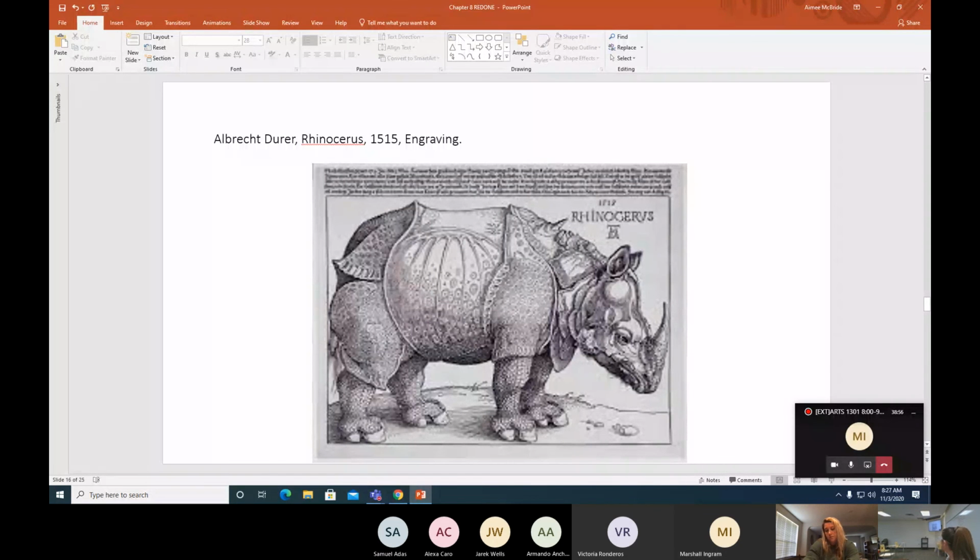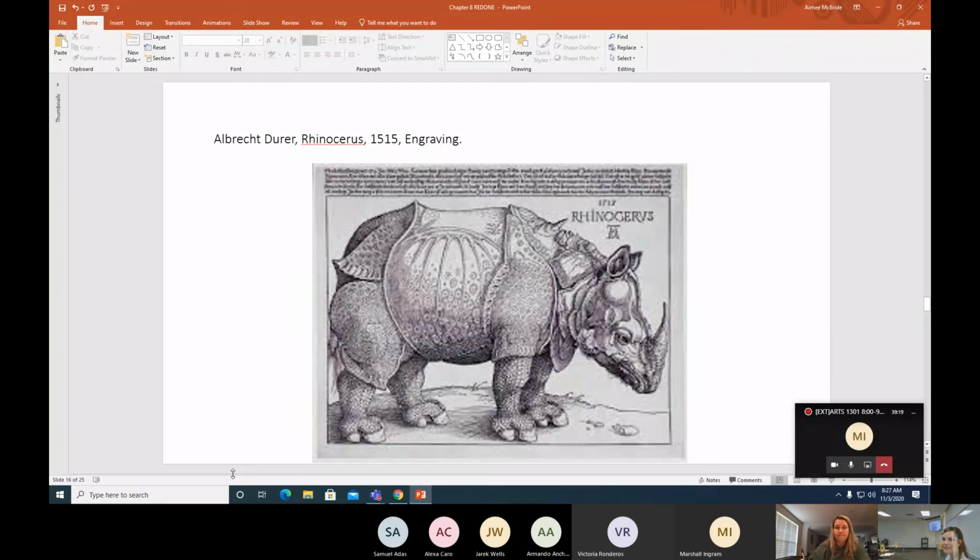For example, here with Albrecht Dürer's rhinoceros, I did not misspell it. That is how he spelled rhinoceros. This was made during the Renaissance, so this was done off of word of mouth of what people thought a rhinoceros would look like, which is interesting to think about.